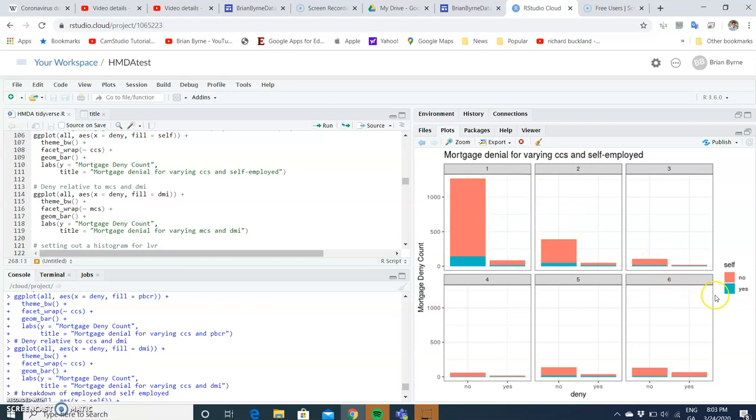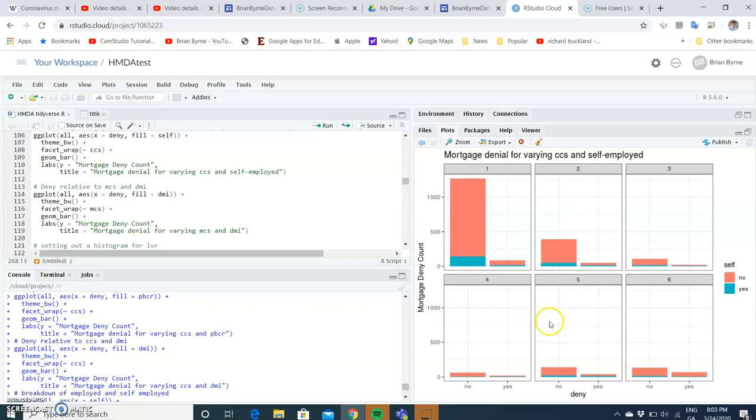At first glance it would seem that people who are self-employed weren't disadvantaged. Quite a few with a credit score of 1 who are self-employed were successful in obtaining the mortgage. So denied mortgage "no" would mean the mortgage was approved.